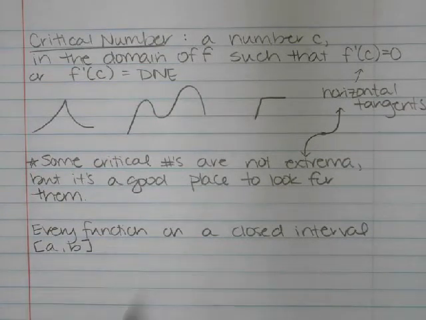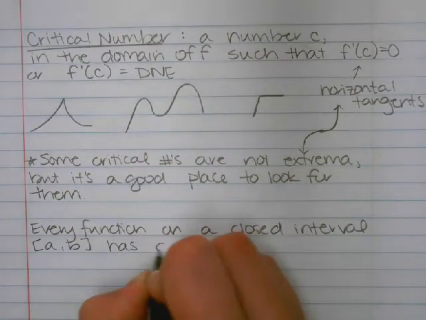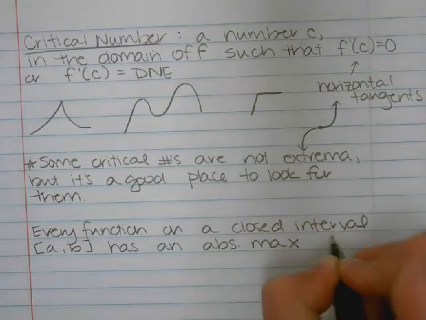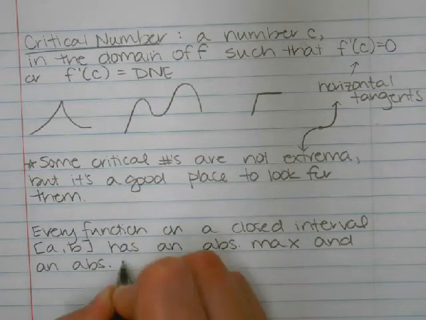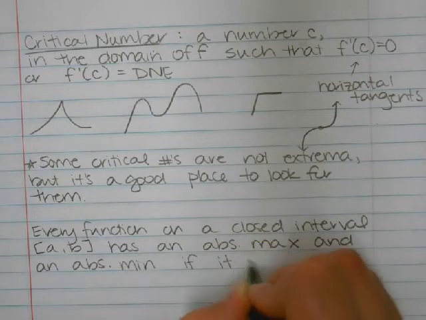So every function on a closed interval has an absolute max and an absolute min, if it is continuous.